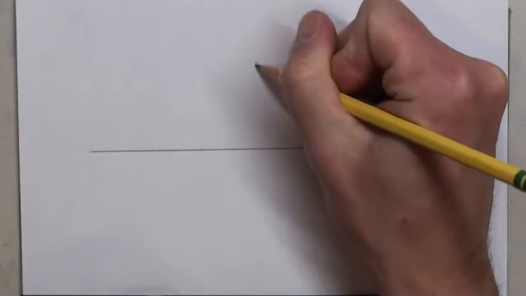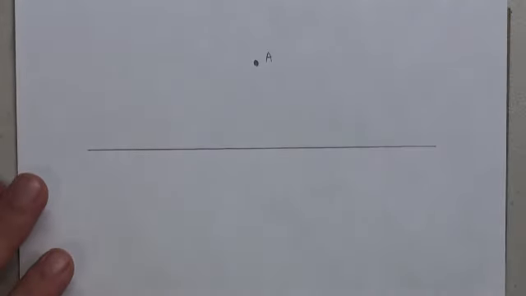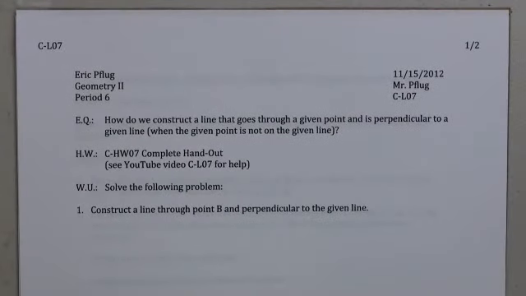Put a point up in the air a little bit above the line and put an A next to it. And then solve the construction on your own. Okay, and then that is the end of lesson C-L07.